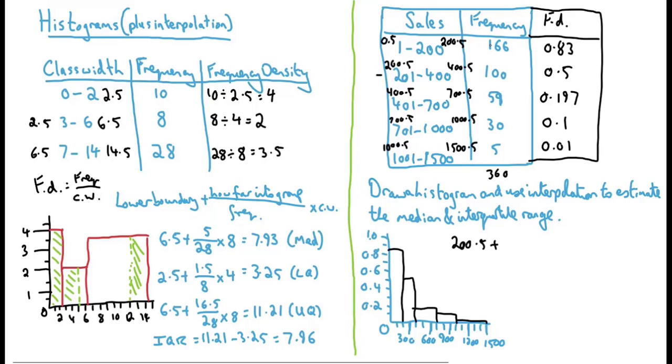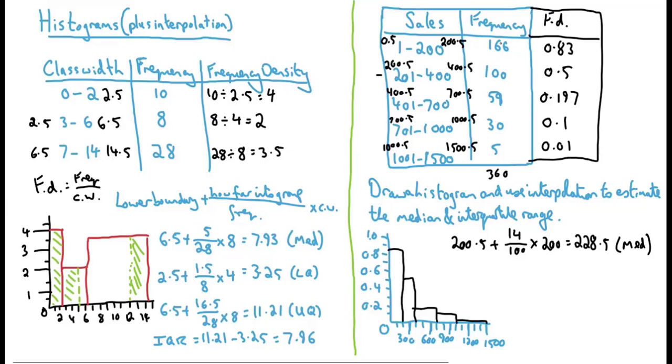If you're currently at 166 and you're trying to get to 180, that means you're going to go 14 more into the group out of a total of 100, and then that's going to get times by the class width here of 200. This leaves you with a median of 228.5.